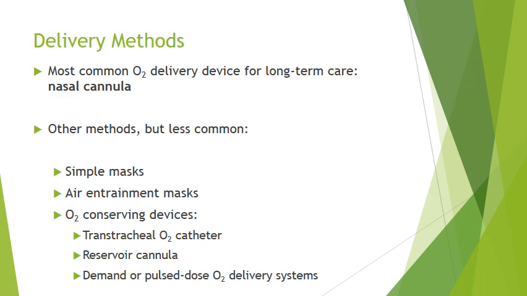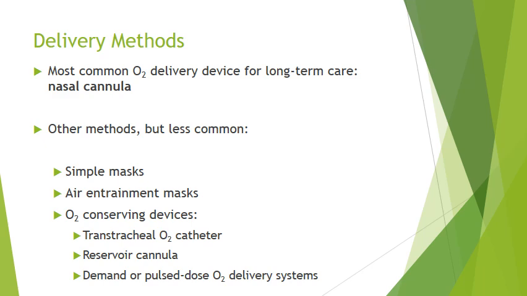Other methods, but not quite as common, of delivery devices are the simple mask and the air entrainment type mask like the Venturi mask. To decrease O2 usage and costs, they've developed many types of O2 conserving devices, and we're going to talk more about that in this PowerPoint.